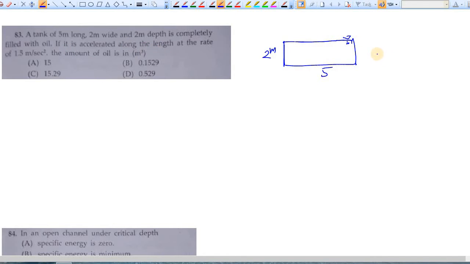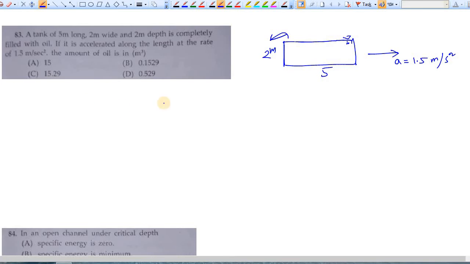That means it has been accelerated in this direction at a rate of 1.5, so a is 1.5 meter per second square. Obviously, due to this acceleration some amount of oil will be spilled over. So let's find how much oil is there after this acceleration.